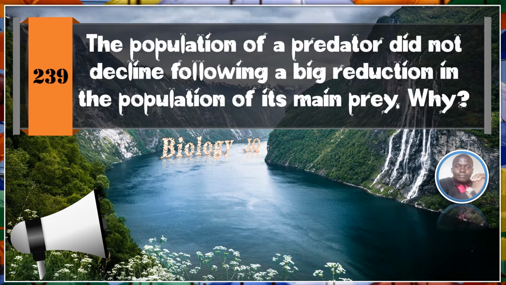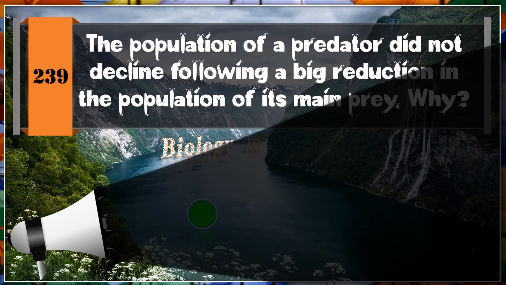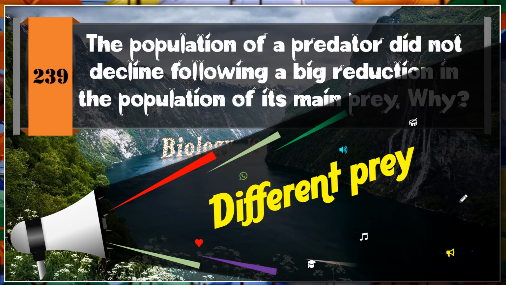The population of a predator did not decline following a big reduction in the population of its main prey. Why? Because it has different prey.